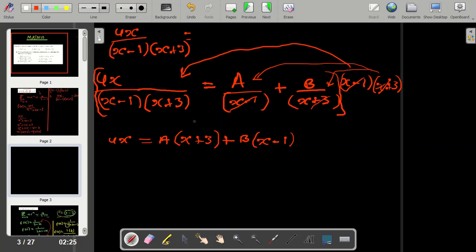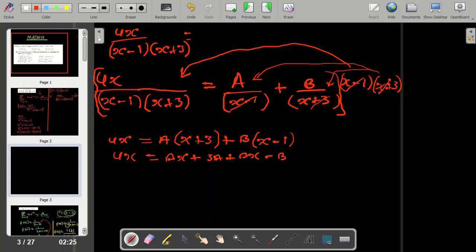So expanding this side, this side will remain with 4x, then this side we are going to have ax plus 3a plus bx minus b.